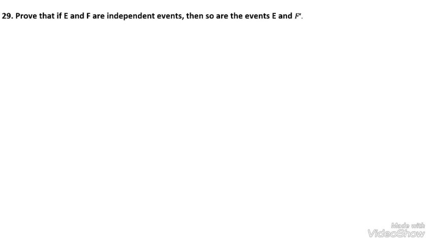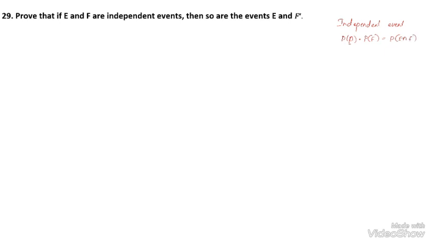We already know the independence. Independent events means the product of the probabilities of the two events, for example here E and F. Probability of E and probability of F is equal to probability of E intersection F. This is the definition of independent events.